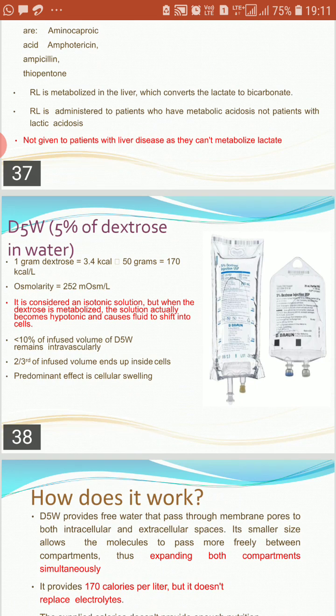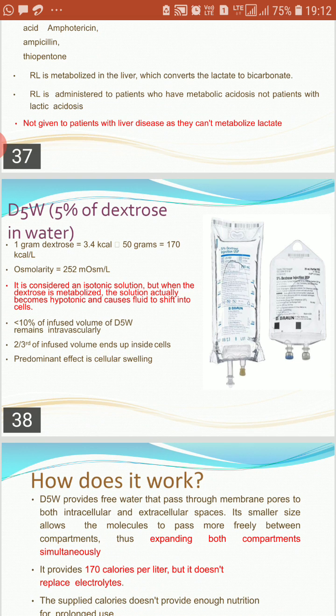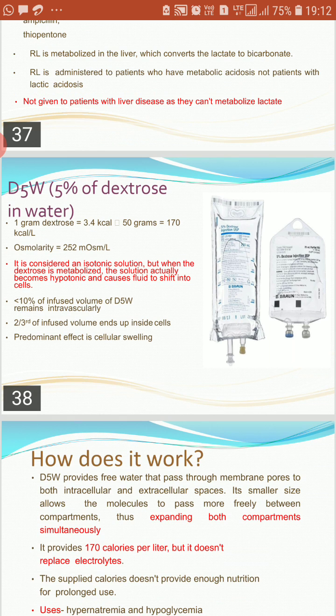Now 5% dextrose in water, 50 gram present in 1 unit, supplying energy of 170 kilocalorie per liter. It is considered isotonic, but when the dextrose is metabolized, it shifts to hypotonic.